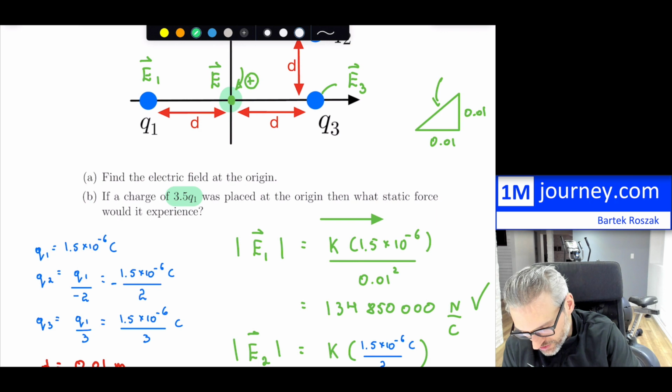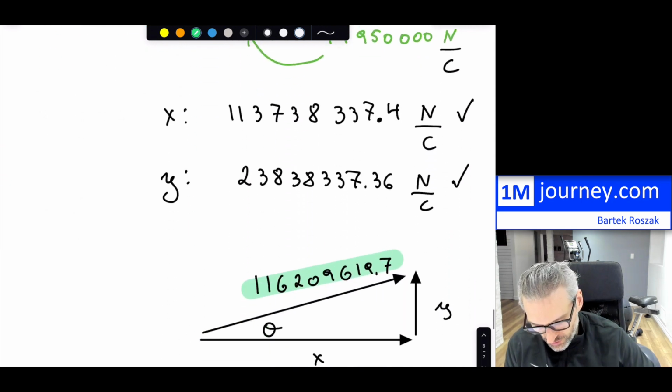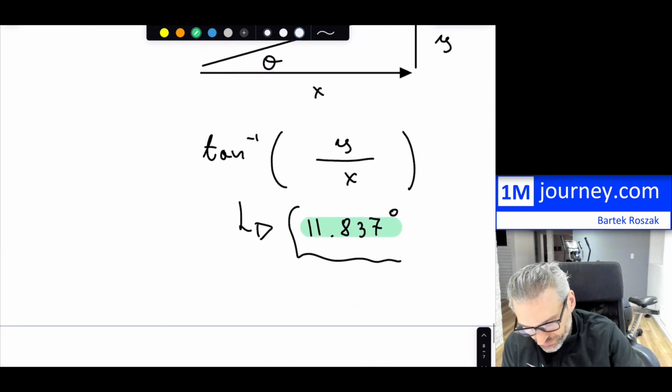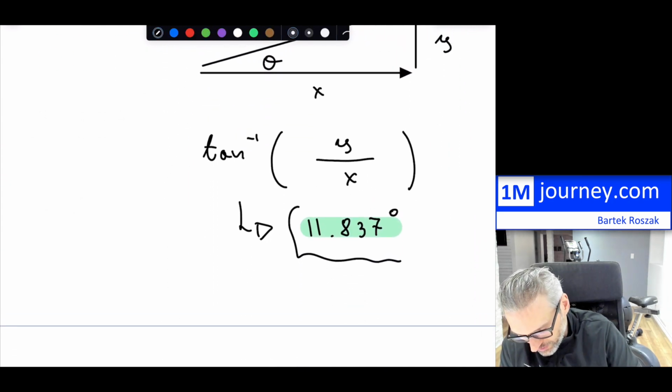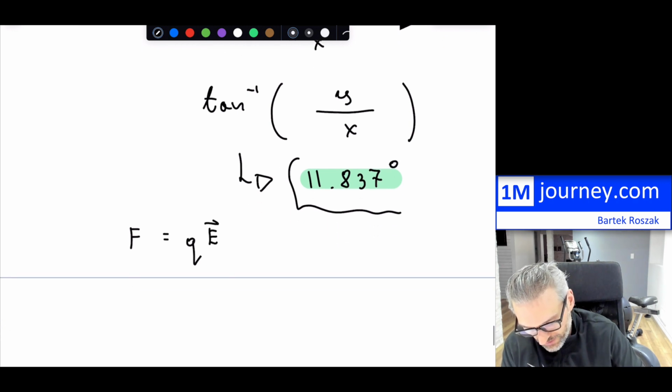Now that charge is 3.5 times bigger than this, right? So what we would have to do now is take our electric field. Remember that the force on the charge would be the charge itself times the electric field present there. Now we know what the electric field is, so we just have to multiply this.